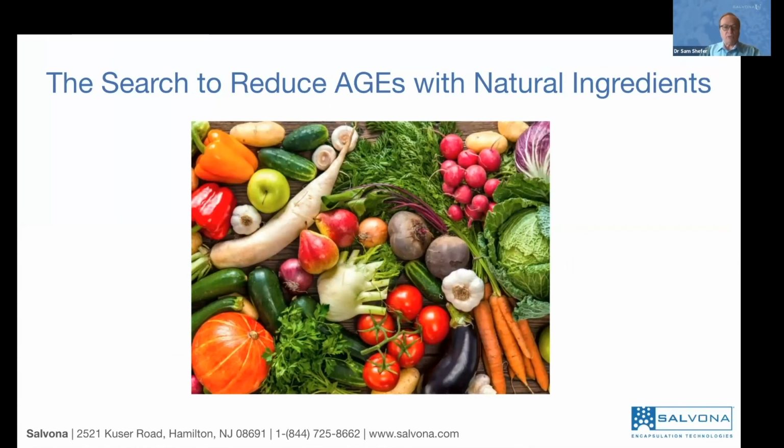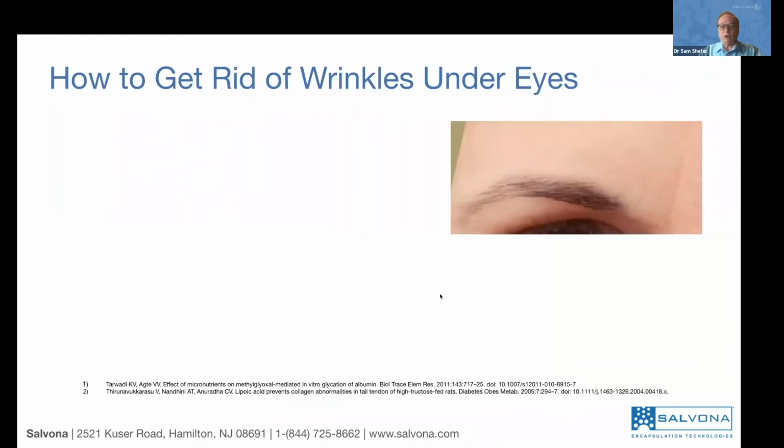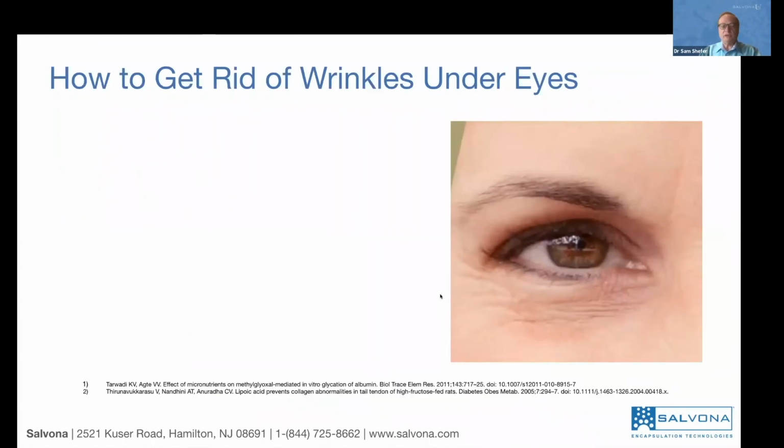So as usual, we're looking for natural ingredients, although I will show you some other chemicals that are not natural, but we are focused on finding solutions from nature, with natural, sustainable sources. Several research groups were already looking to find ways to get rid of wrinkles, especially around the eye.